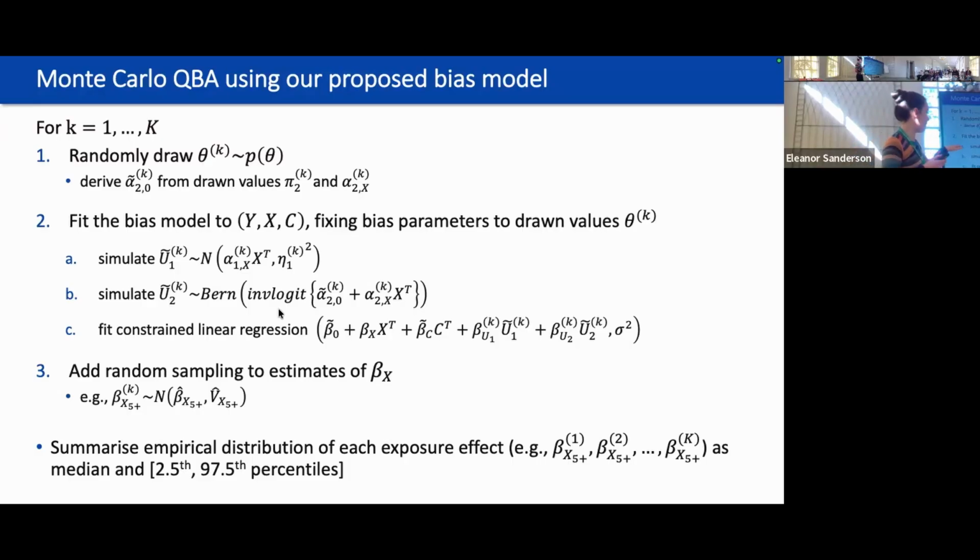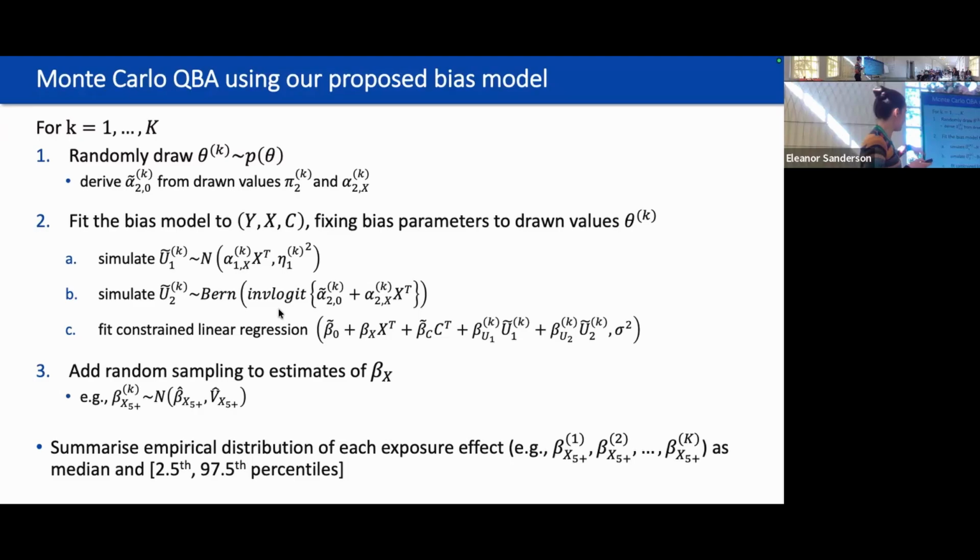In there, we simulate our proxy variable for U1, simulate our proxy variable for U2, and fit our constrained linear regression using these simulated proxy variables. Out of step 2C, you get a point estimate and a variance term for the exposure effect. You use these in step 3 to add some random sampling to the estimate of the exposure effect from 2C, using a normal distribution.